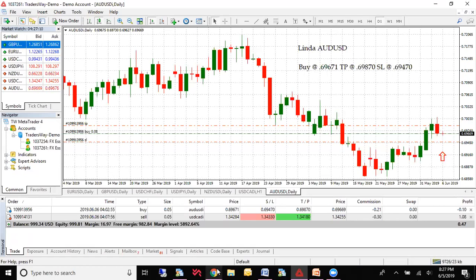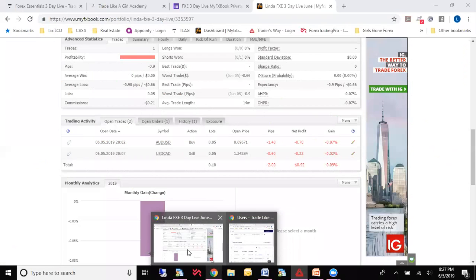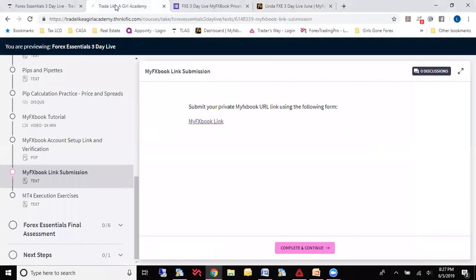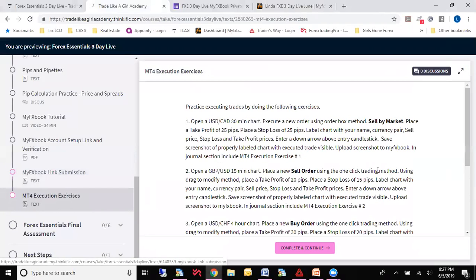Let me look at the assignment real quick just to see if I missed anything. Those things for sure need to be on every single assignment. So you have your take profit, your stop loss, label chart with your name, currency pair, sell price, stop loss, and take profit price. Enter your arrows. Okay, so that is all you need for your charts.